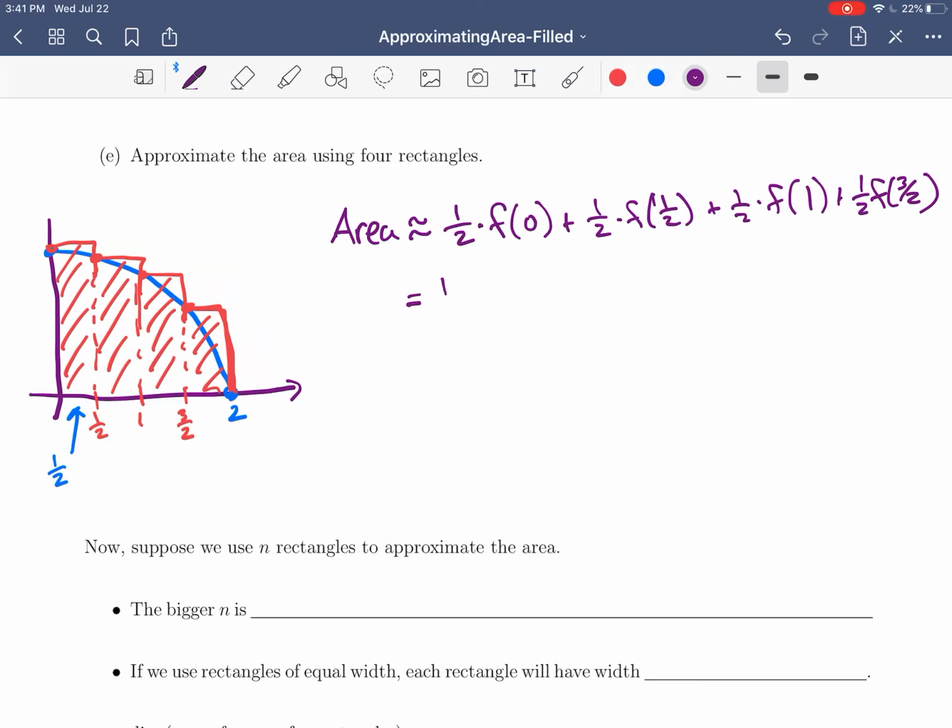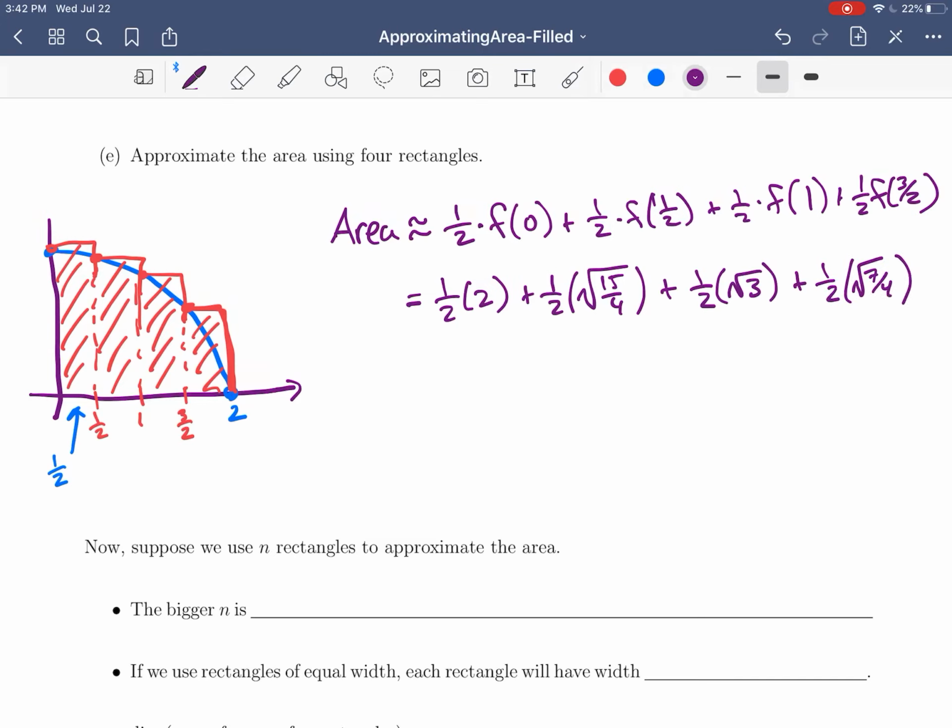And we already computed all of these, so I'm just going to plug them in. So f of 1/2 was square root of 15 over 4. F of 1 was root 3. And f of 3/2 was square root of 7 over 4.